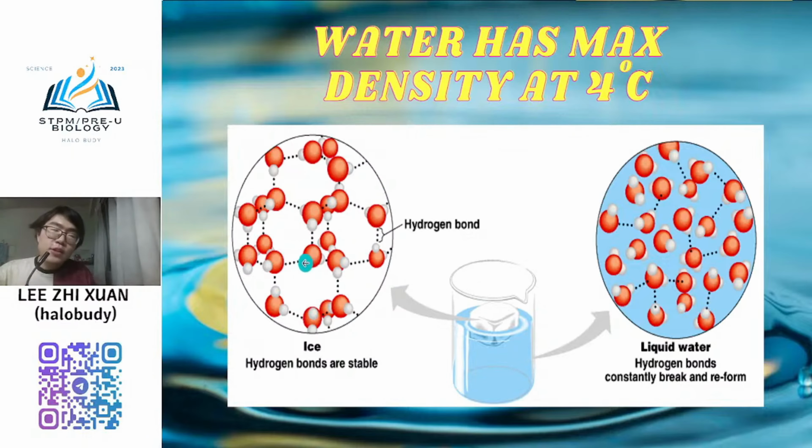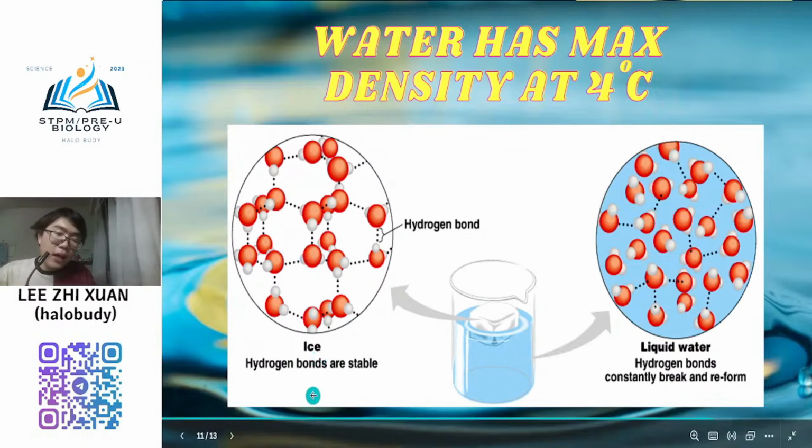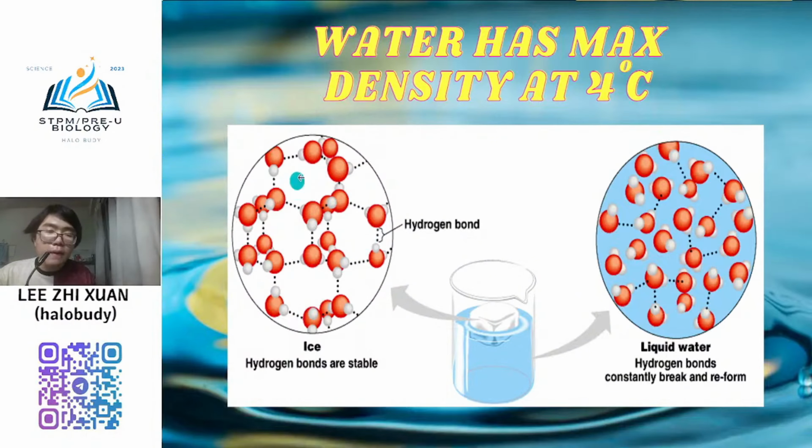But for the solid, the hydrogen bonds are very stable, so it will form the crystalline structure that has many holes here. They will not be tightly packed to each other like the normal solid particles that you see. So the hydrogen bonds are very stable, so it forms the crystalline structure like this. Due to the many spaces there, the density will not be very high.